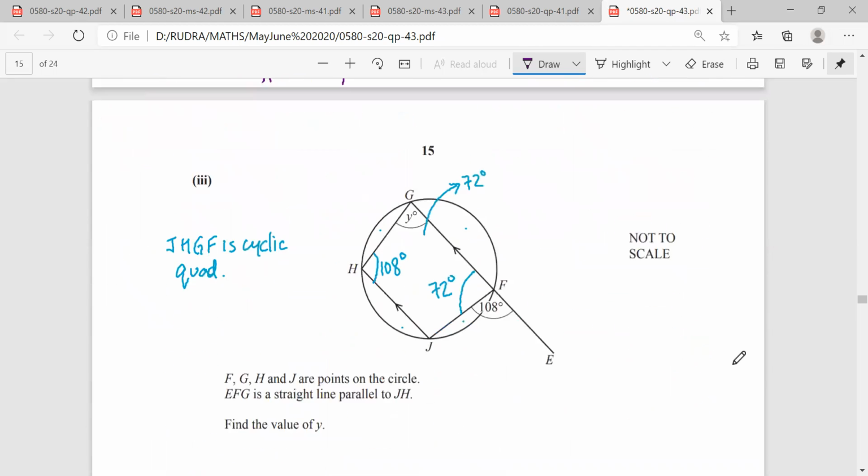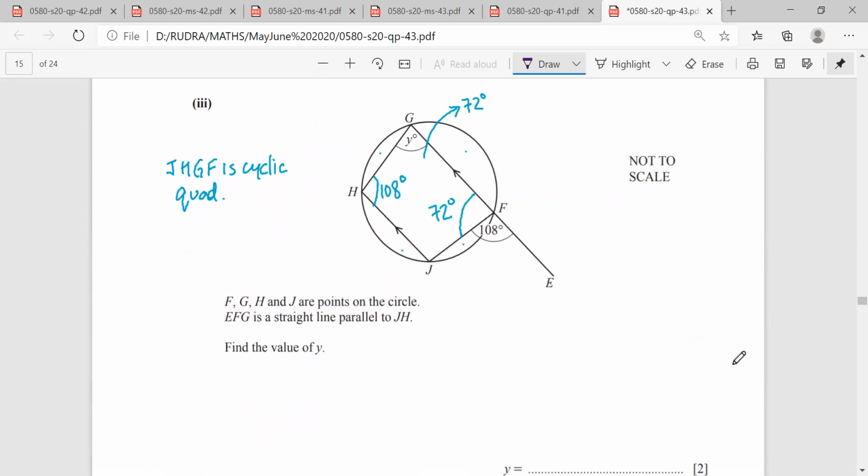Let us do the next question. So first thing that you need to understand is that this JHGF is a cyclic quadrilateral. Now, if it is cyclic quadrilateral, then the sum of opposite angles would be 180 degree.